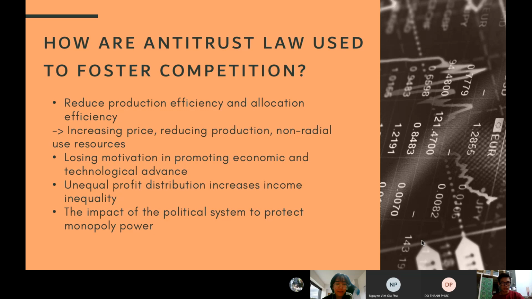The last is the impact on the political system to protect the monopoly power. For example, in Korea, they have some firms called Chaebol, and these firms include Samsung, Hyundai, LG, SK Group, and Lotte. These firms brought Korea from a poor country ravaged by war to one of the largest newly industrialized countries.